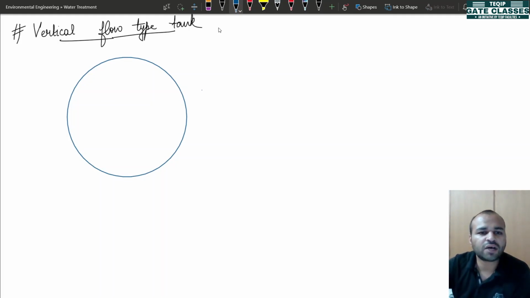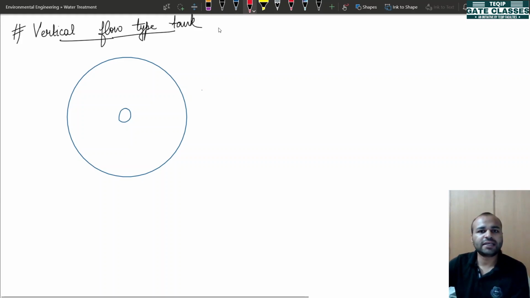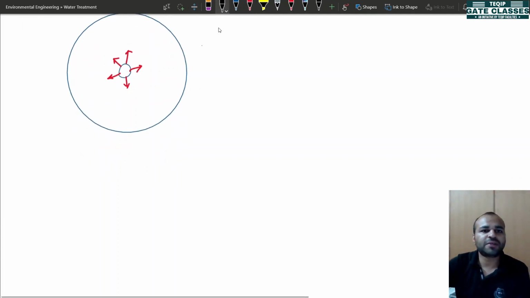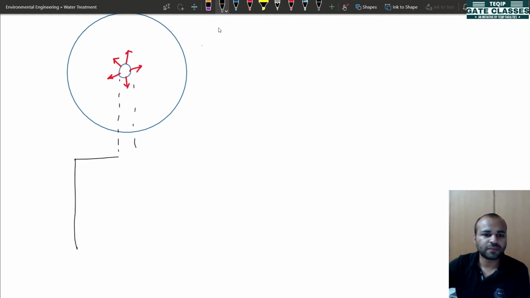How it actually works is there is an opening in the center through which the water is pumped, and as the water rises up this shaft, it starts flowing in all the directions, at 360 degree. To understand it, let me draw the section view of the tank. So the tank looks somewhat like this. This is your opening.